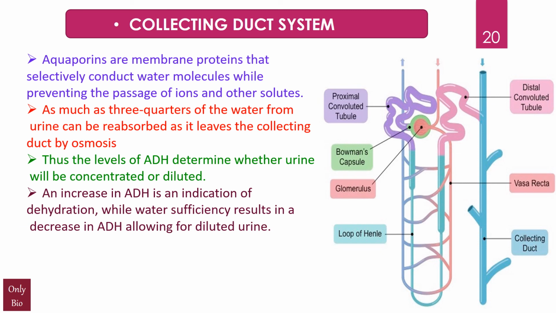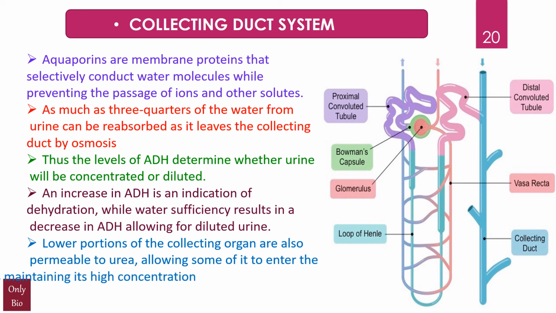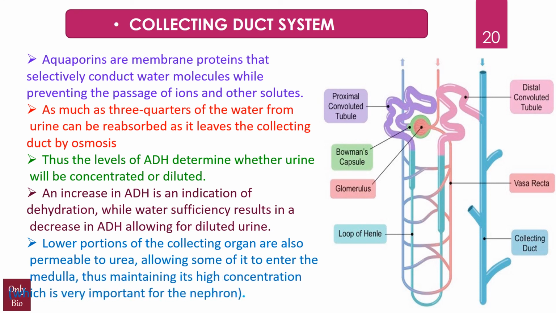Lower portions of the collecting organ are also permeable to urea, allowing some of it to enter the medulla, thus maintaining its high concentration, which is very important for the nephron.